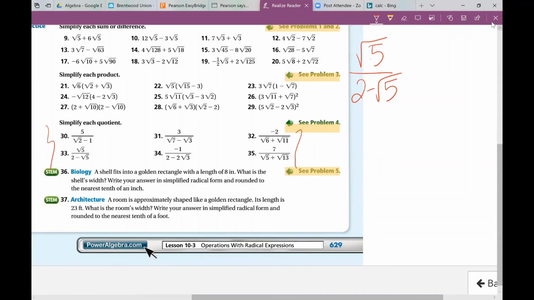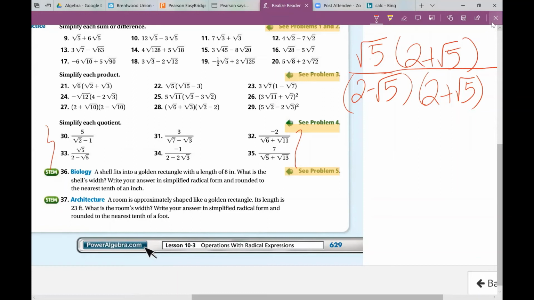So to get rid of something in the denominator, you need to multiply it by its opposite. And the opposite of 2 minus radical 5 would be 2 plus radical 5. And remember in math, if you're going to change the denominator, you need to change the numerator as well so that you're not actually changing the problem.